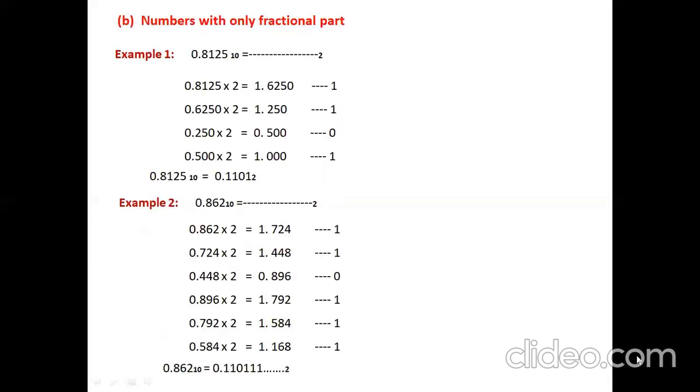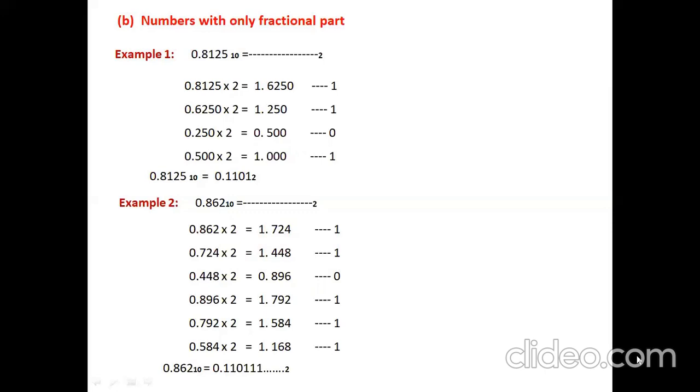Now when we are given a decimal number with only a fractional part, how are we going to start the procedure? For this, we take 0.8125 and multiply it by 2, because we are asked for base 2, so we multiply by 2, and we got the answer 1.6250.